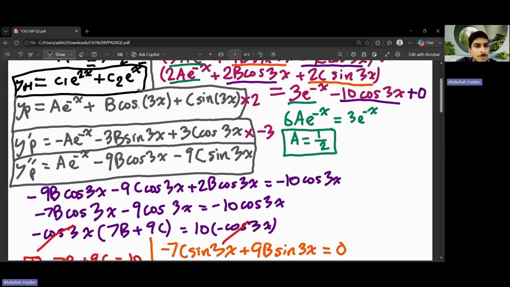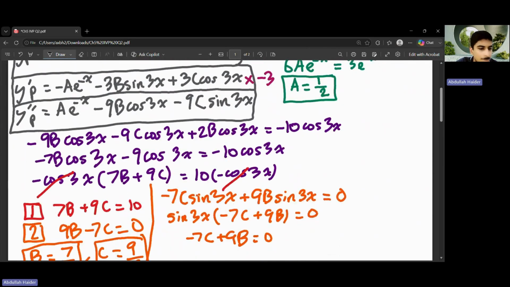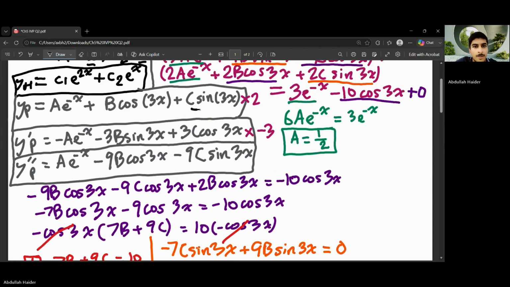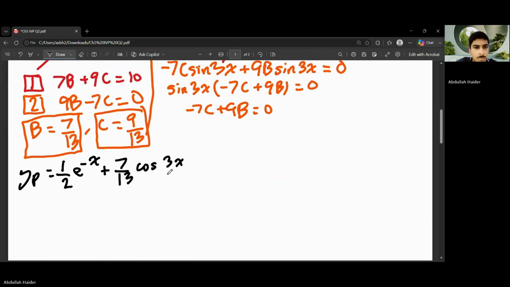Then b cosine 3x, 7 over 13 cosine 3x. Then c sine 3x, plus 9 over 13 sine 3x. This is your YP.